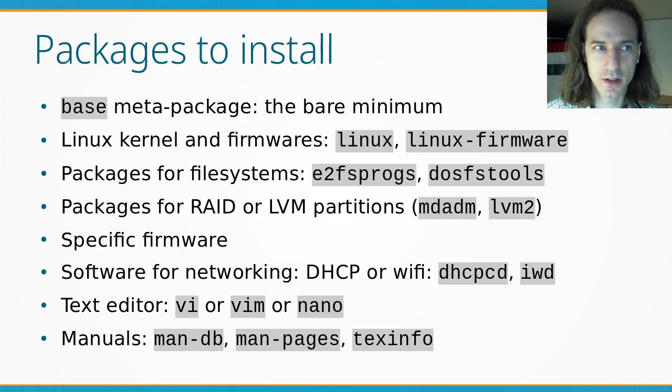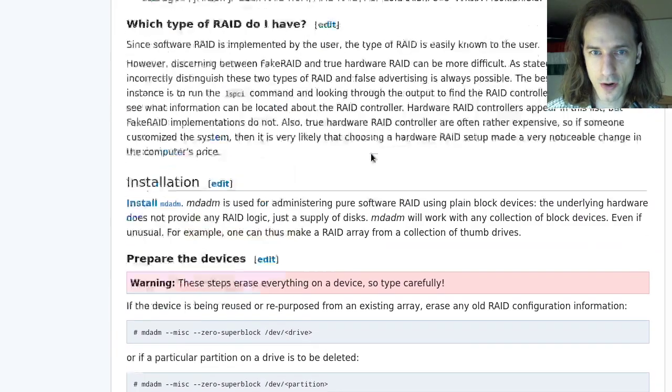So if you are installing your system on LVM or RAID, then you might need mdadm for RAID and lvm2 for LVM, the logical volume management stuff. Of course, if you are more interested in how to set these things up, you will have to refer to the ArchWiki.